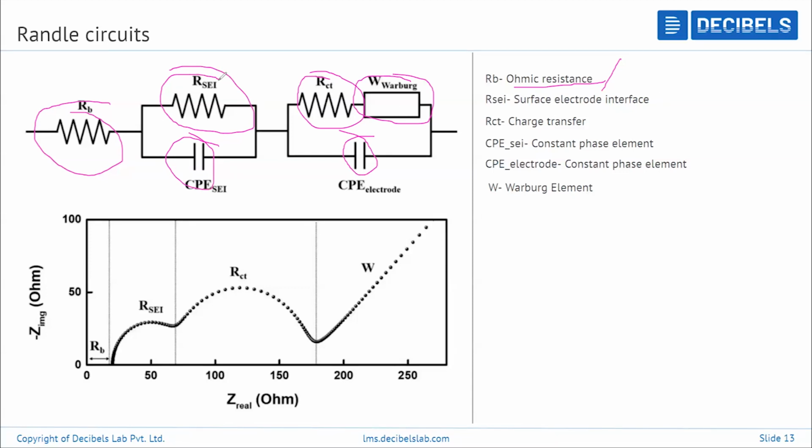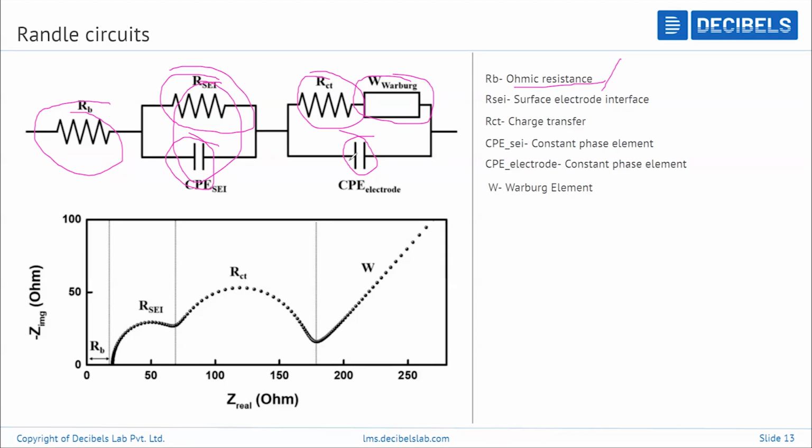That also adds resistance, so even that is represented with an RC. And this is the charge transfer resistance, where the polarization or related terms can be covered. And this Warburg is due to the diffusion of ions into the electrode.